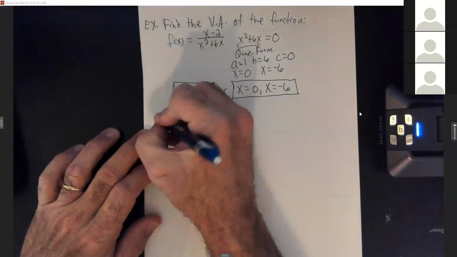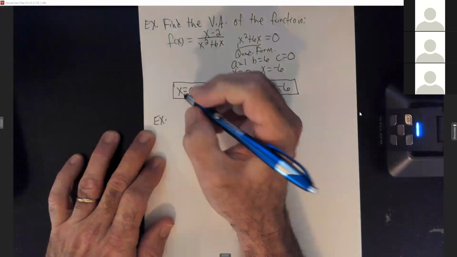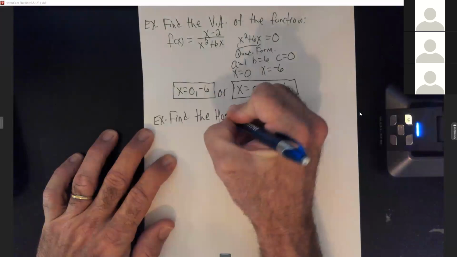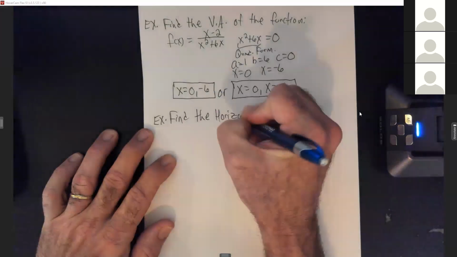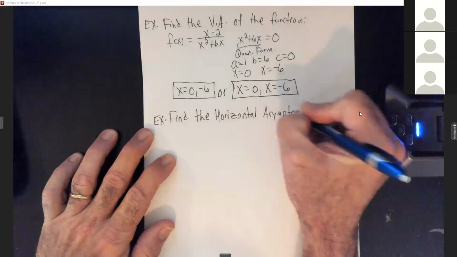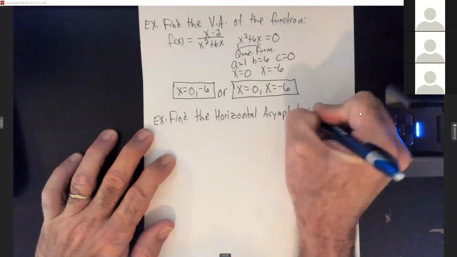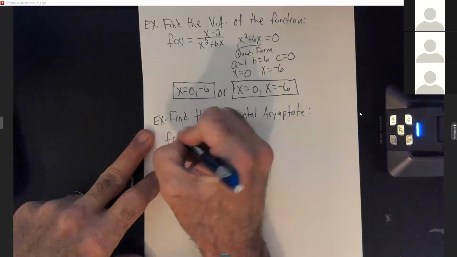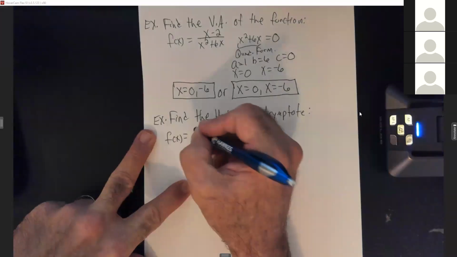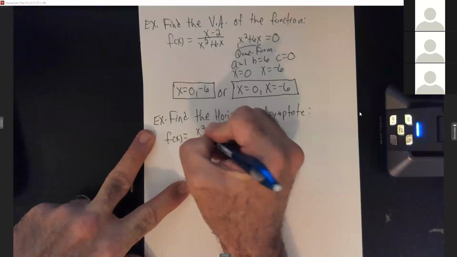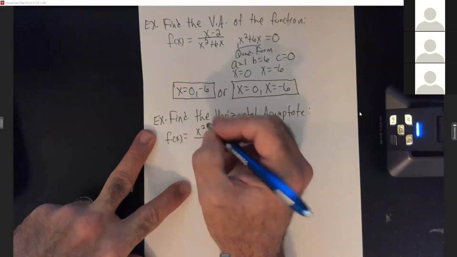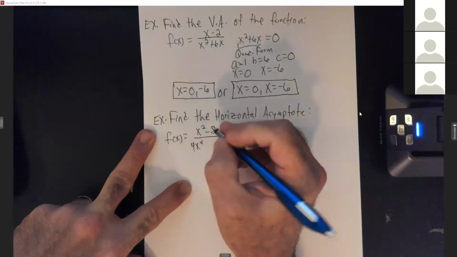Now, we're going to find the horizontal asymptote. So f of x equals, let me start out with this, x squared minus 8 over 4x to the 4th plus 5.